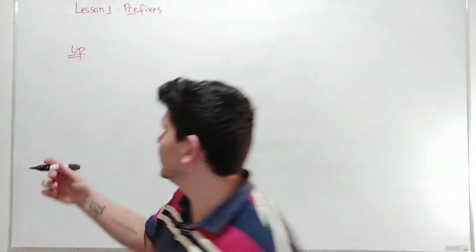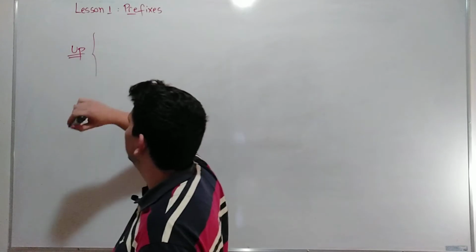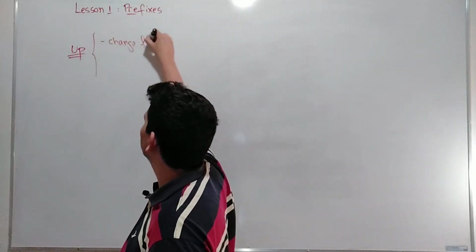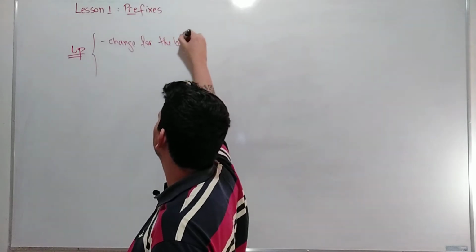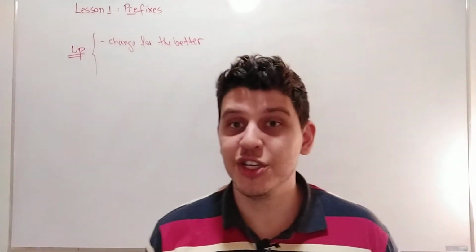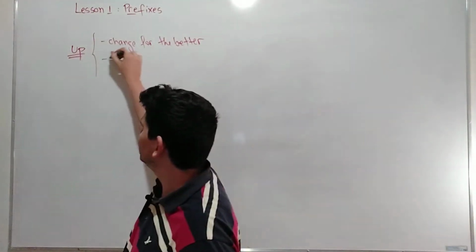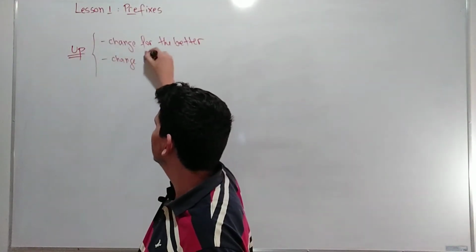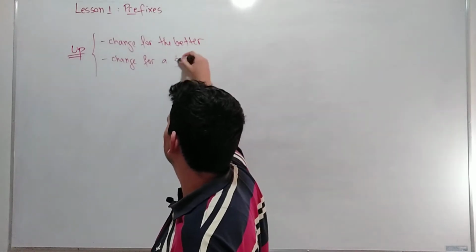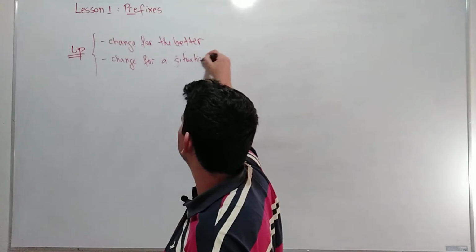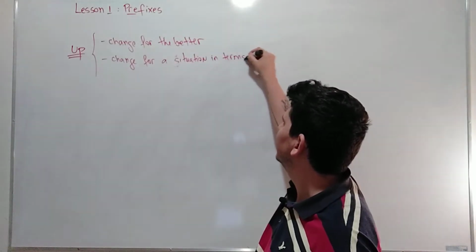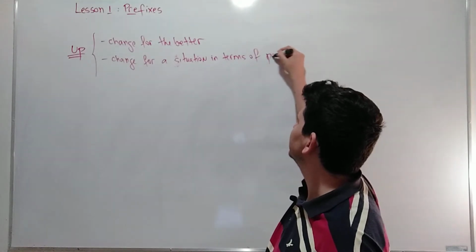And you will see that most of the times when we use up, we are talking about a change for the better. A change for the better, but not necessarily a change for the better. Sometimes this change is for a situation, a change for a situation in terms of position.